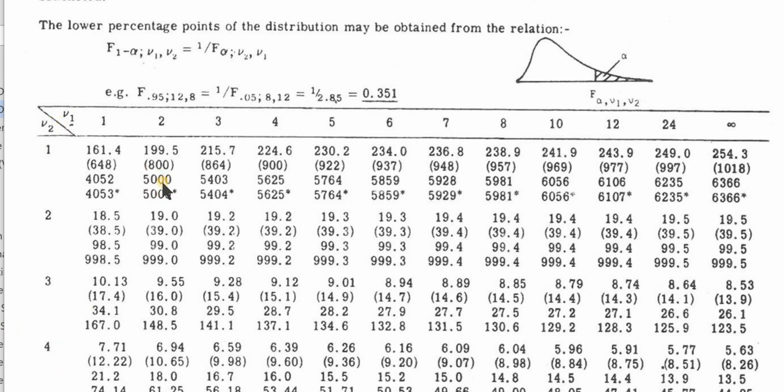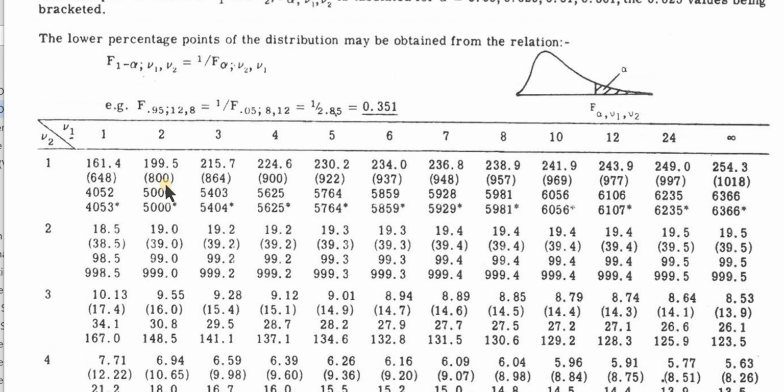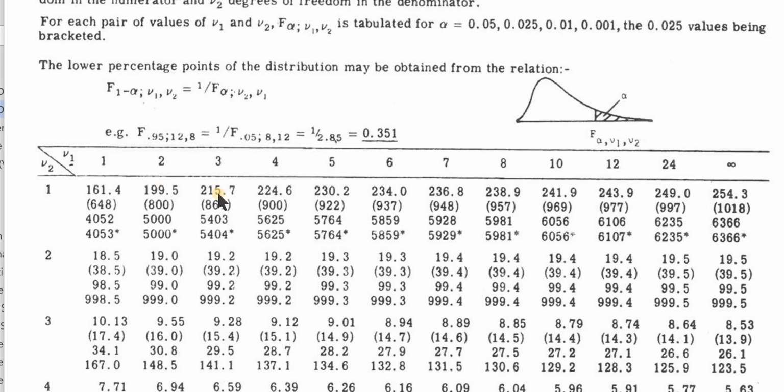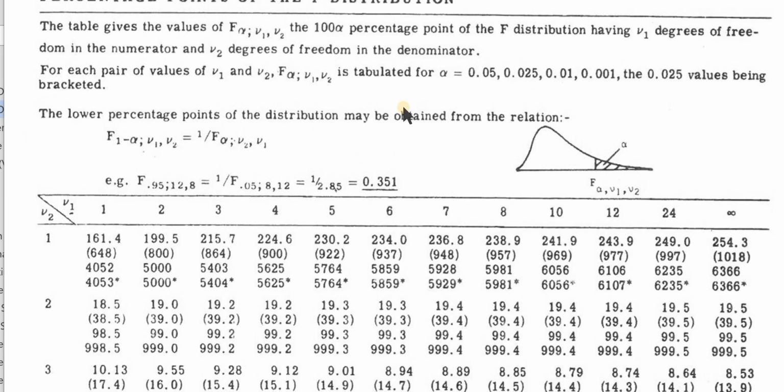Inside here is the alpha. We can see that for every single combination of V1 and V2, inside here we have 4 values. These are the alpha values. You can refer here to see what they represent.